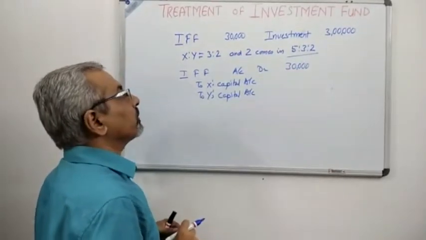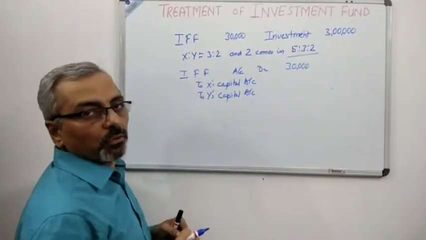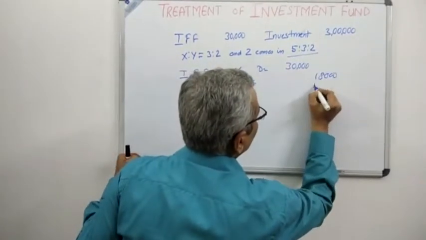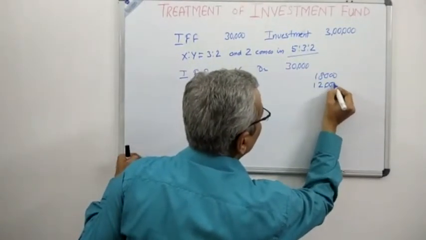Therefore, 30,000 divided by 5 gives you 6,000 into 3. So, X will get a benefit of 18,000 and Y will get a benefit of 12,000.